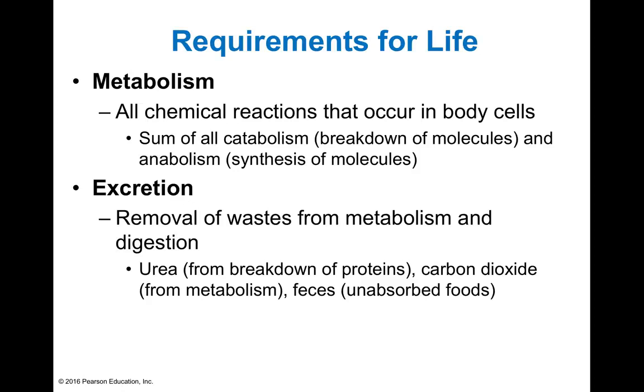Now, a part of metabolism is a process called catabolism, in which you take a chunk of molecules and break them down to smaller molecules, or you take small molecules through a process called anabolism and create more complex molecules.